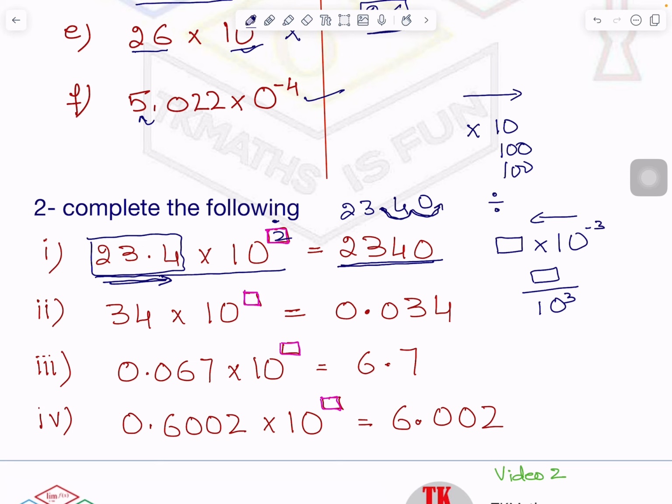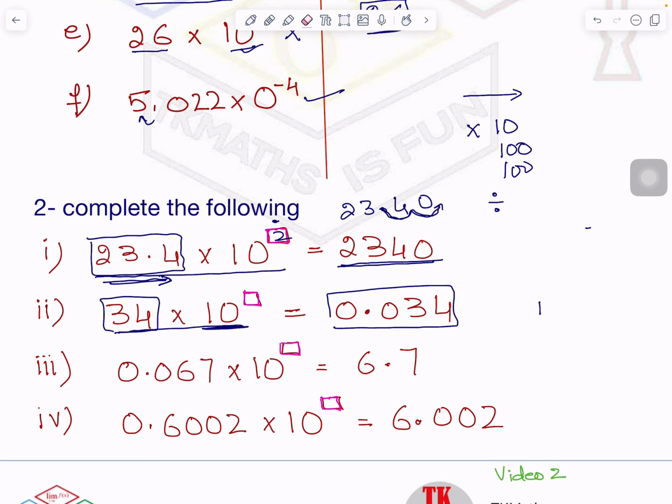Now look at this, 34 into 10 power something. What has 34 become after this multiplication? 34 has become 0.034. Okay, so 34 was this.